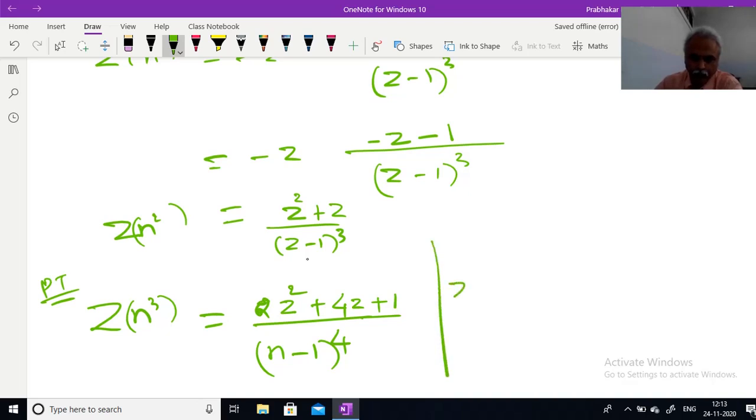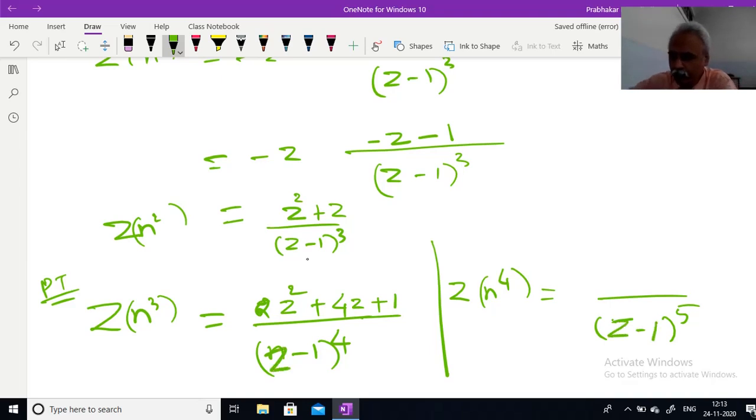And that of z transform of n raised to 4, denominator no problem, something raised to 5, and that is z minus 1. How do you write this z transform of n raised to 4?